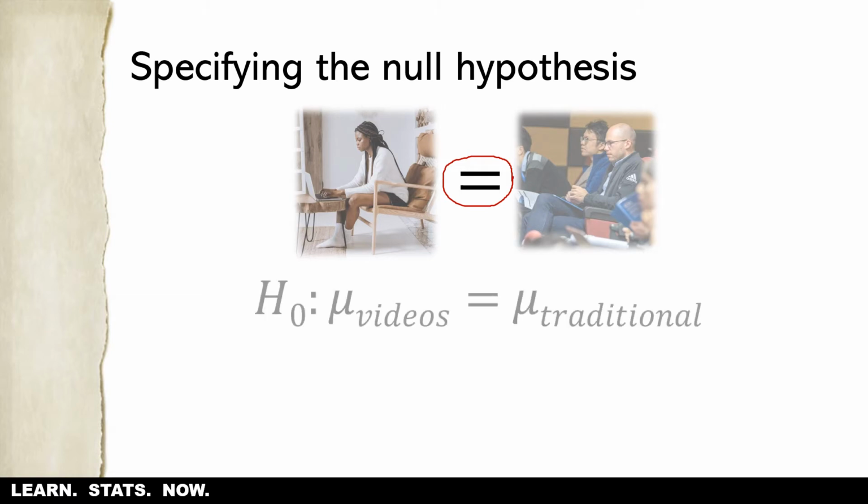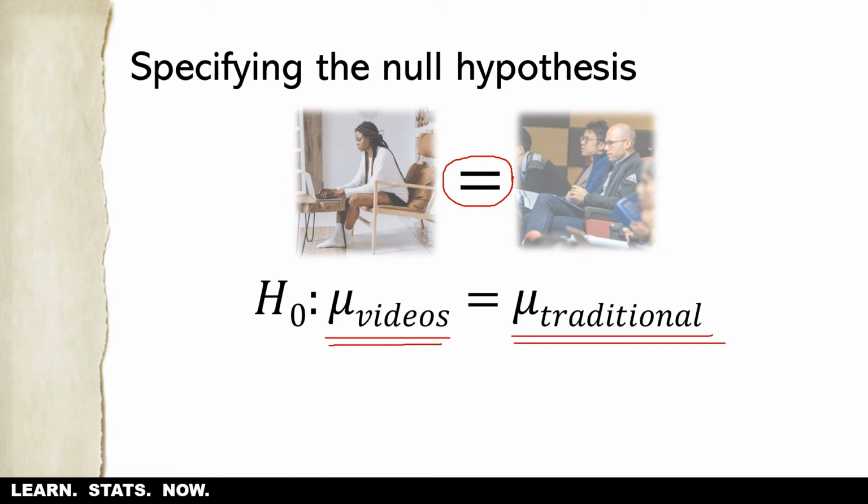Now, to express that in notation, we could say the population mean for those students who took the videos is going to be equal to the population mean for those students who took the traditional class. You might say, why aren't we using the sample mean here?